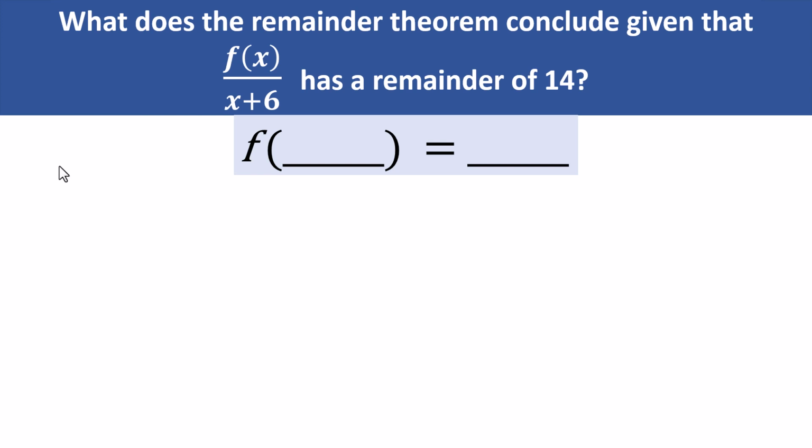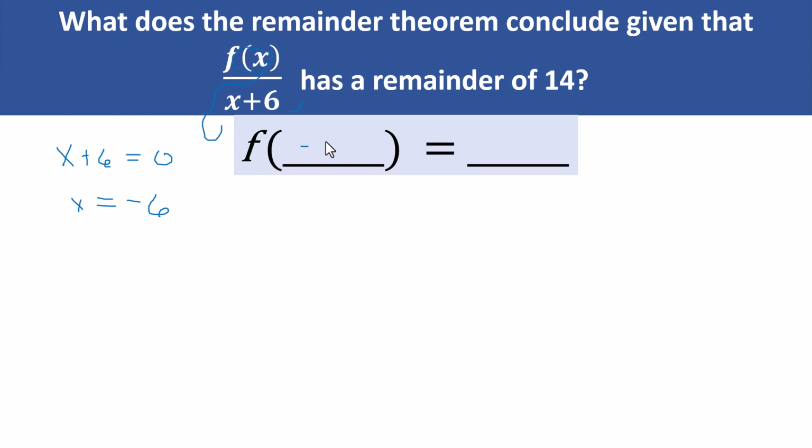So if we solve x plus 6, we set that equal to 0 and solve for x. X is equal to -6. So we take that and plug it back into the function, f of x.